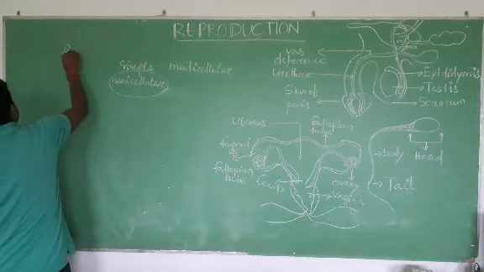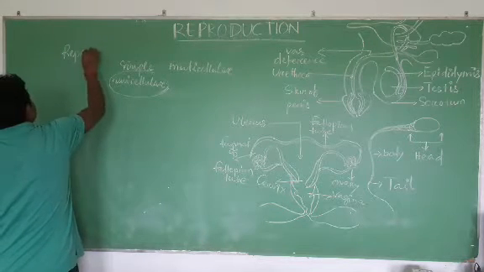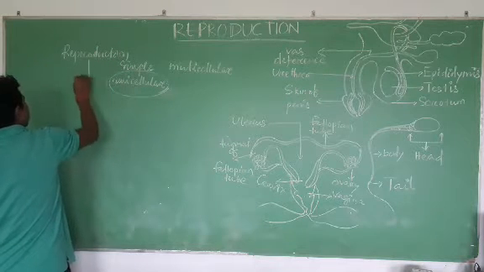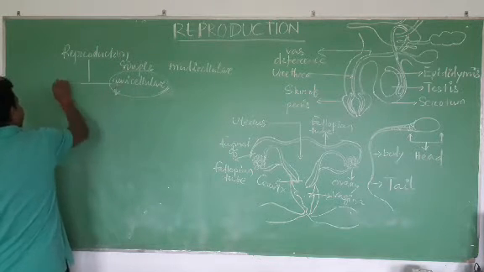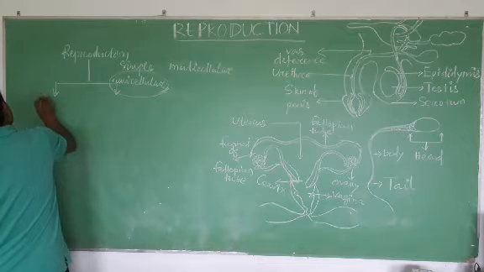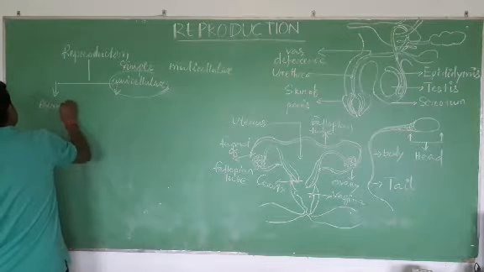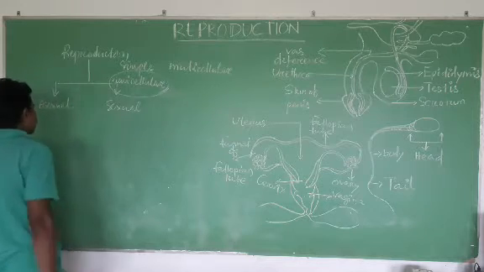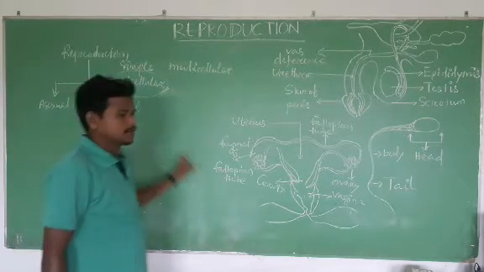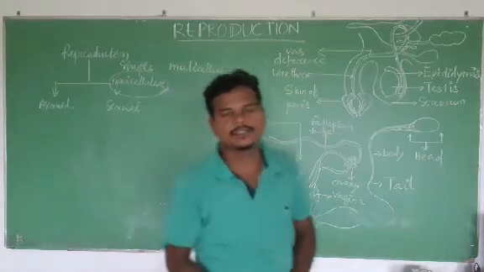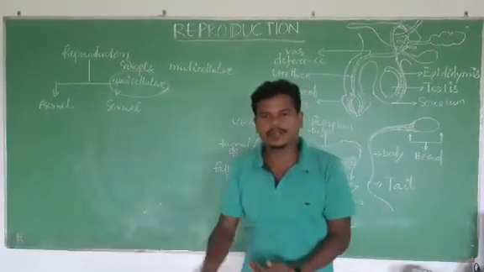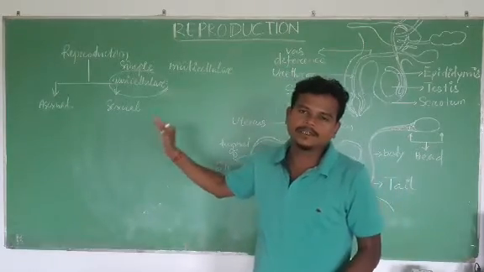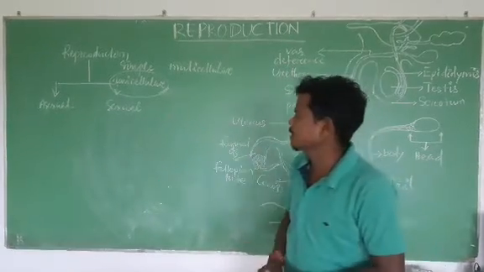That means reproduction is of two types. We read the definition; reproduction is of two types. One is asexual reproduction, another is sexual reproduction. In the case of single cell or unicellular organisms, their mode of reproduction is most probably asexual.